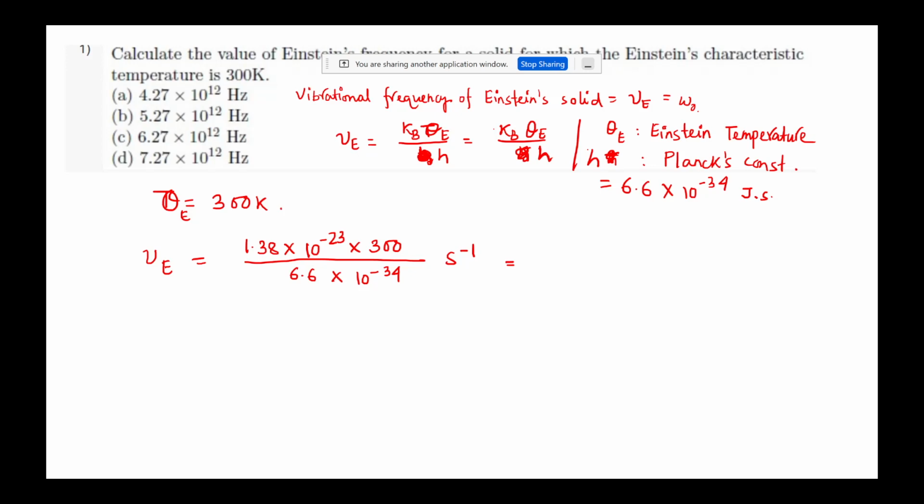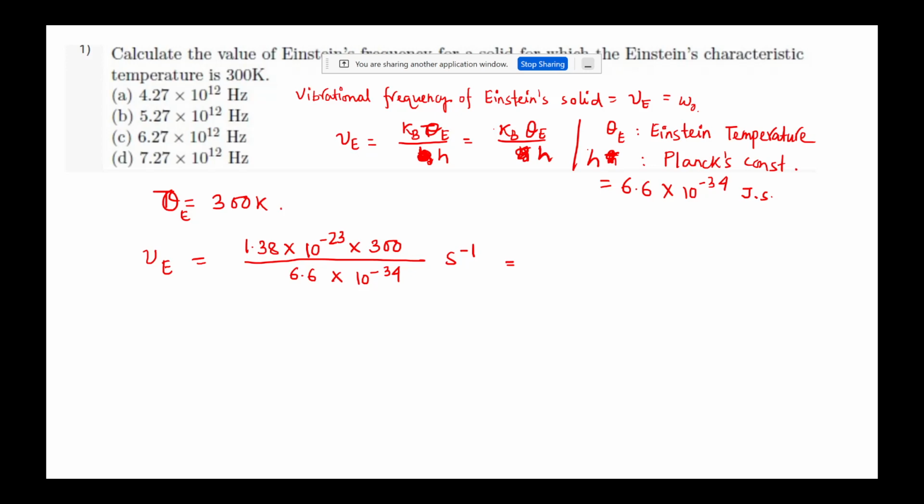Please do the calculations and tell me what value is coming up. Option C, which means 6.27 into 10 to the power 12. Let me check with my calculations. Yes, absolutely correct.